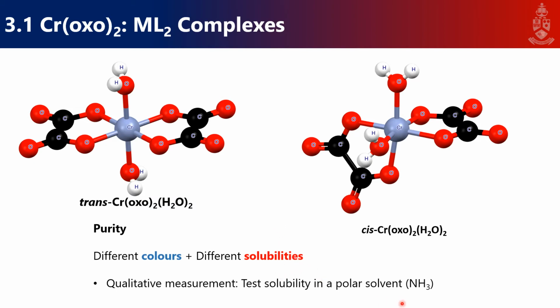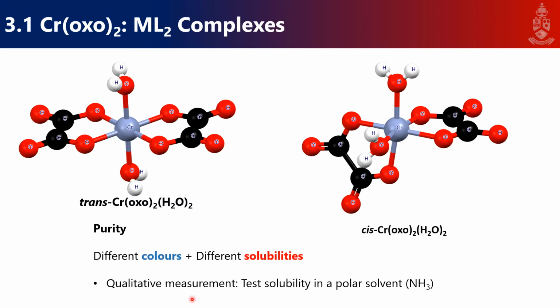Solubilities. Which one do we expect to be soluble in a polar solvent? Maybe the polar complex, yes, all right. So if we use a drop of ammonia on both of them, we expect the one to dissolve purely in the ammonia and the other one not to dissolve, right? So we expect the polar one to dissolve and the non-polar one not to dissolve.